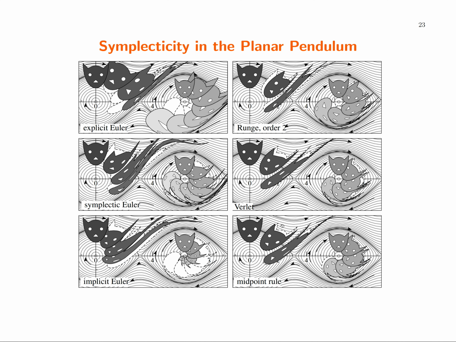Okay, the second order Runge-Kutta method, which is not a symplectic method, has this phenomenon where the phase volume is increasing. Verlet, which is a symplectic integrator, has this volume preservation property, as does the midpoint rule, which is given here. Okay, so these are just some geometric phenomena which are preserved by some class of numerical methods and not others.